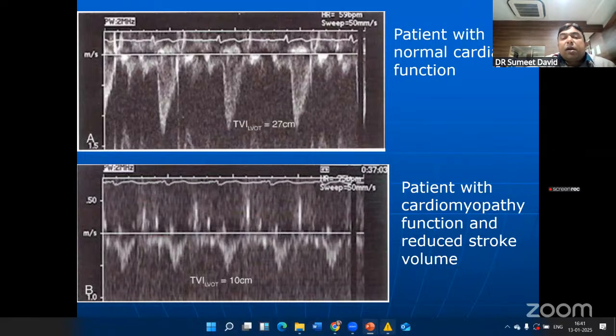In a patient with normal cardiac function, it looks like this. The integral is 27 centimeters, but in a patient with cardiomyopathy, the integral is less, around 10 centimeters.